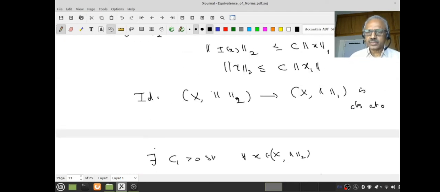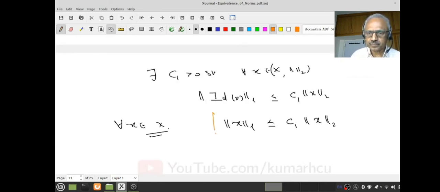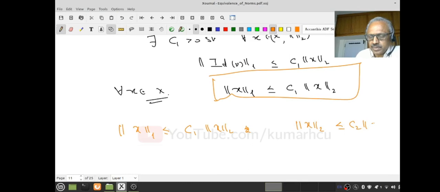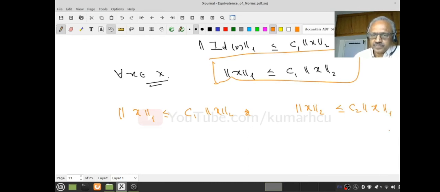So let's look at these two things. Let me just write it. I have shown that the first norm of x is less than or equal to c1 times the second norm of x, and the second norm of x is less than or equal to c2 times the first norm of x.